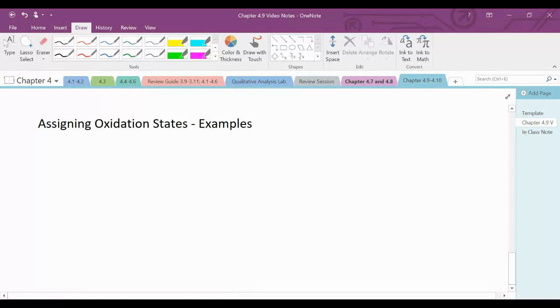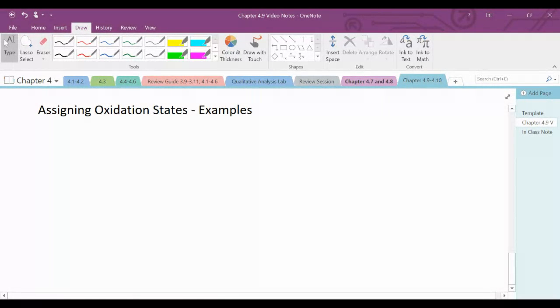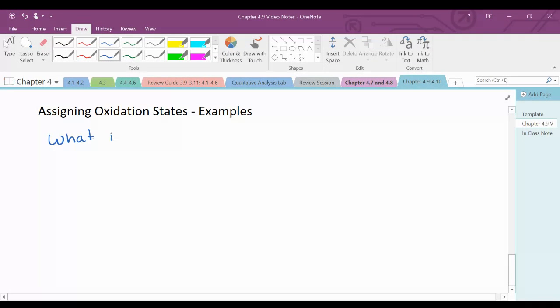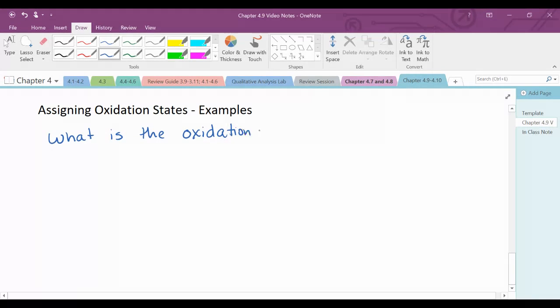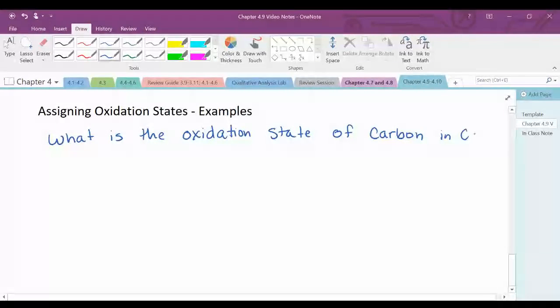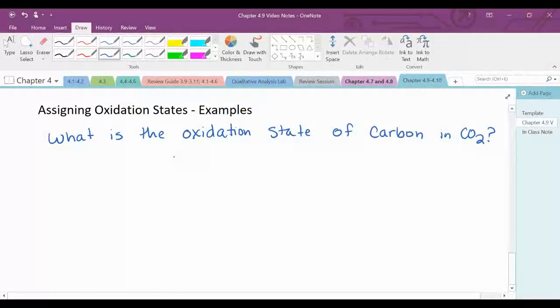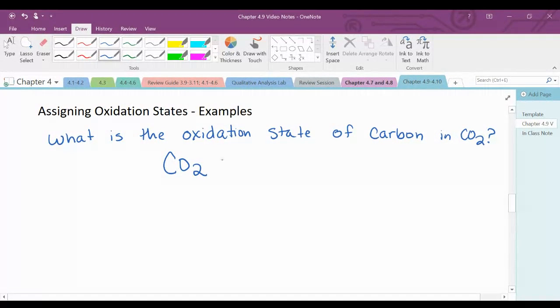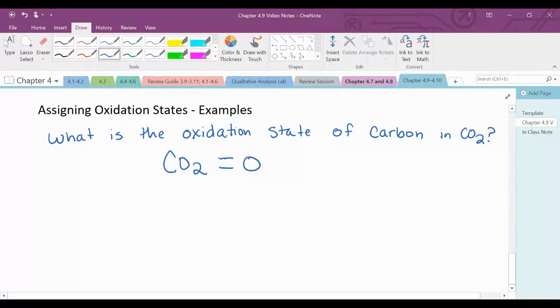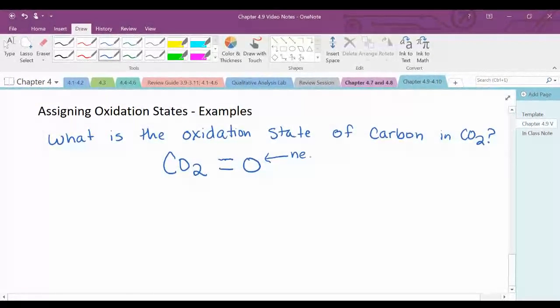So let's do some examples of assigning oxidation states. What is the oxidation state of carbon in carbon dioxide? If we go back to our rules, the sum of the oxidation states in a compound must equal 0. So this must equal 0 because it's a neutral compound.